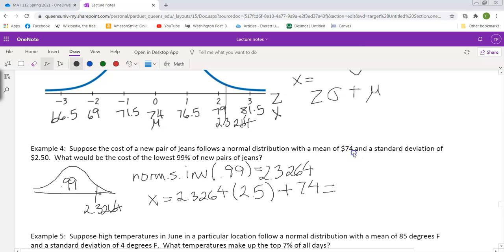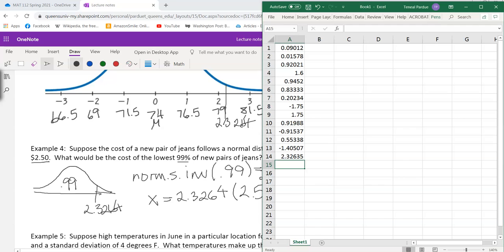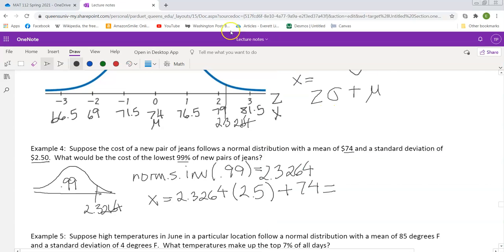We got mu from here and sigma from here, and the 99% came from here. So now all we have to do is equals, and the easiest thing to do is just to click on that cell where we've got the z value stored, times sigma plus mu, and our answer is $79.82.